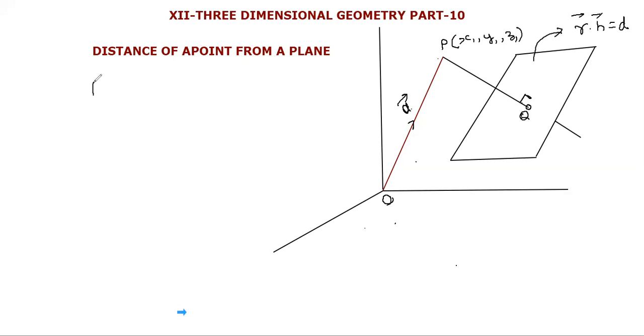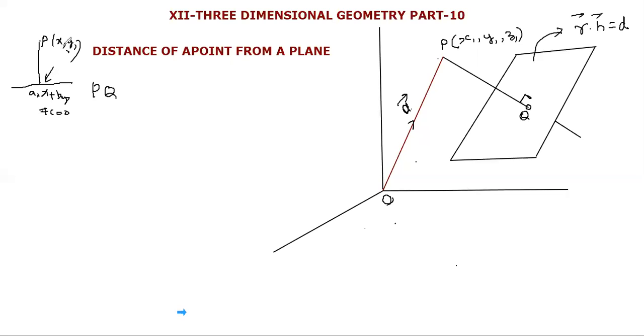So PQ distance, if you remember in 2D, these are the extended form of 2D generally. When we were finding the perpendicular distance from a point, if you remember, this is the point x1, y1, and from this we have to find the perpendicular distance of the point from the line, and the line is ax plus by plus c is equal to 0 in 2D.